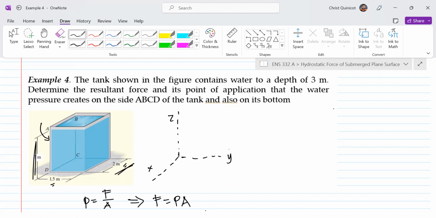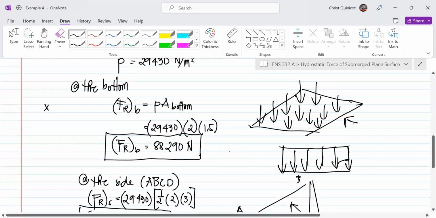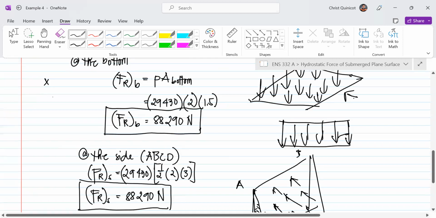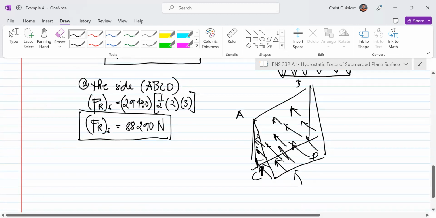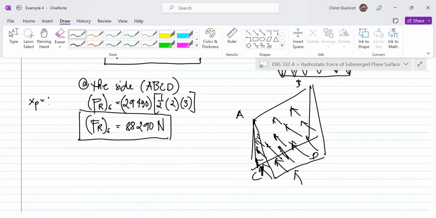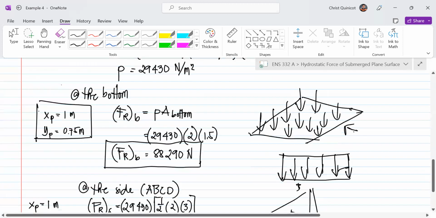For the bottom, we will be using X and Y. So X sub P, Y sub P. X sub P is equal to 1 meter, and Y sub P is 0.5 meters. Now for the side, that would be X sub P again, still 1 meter.